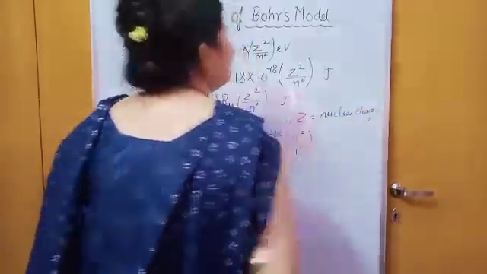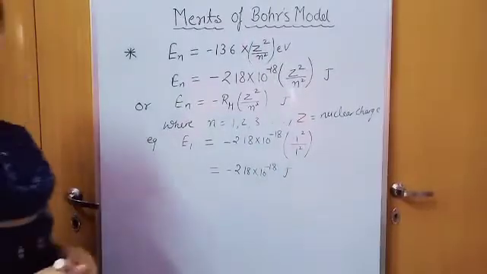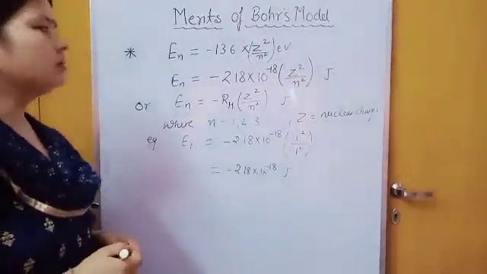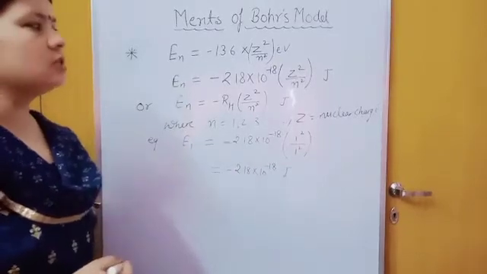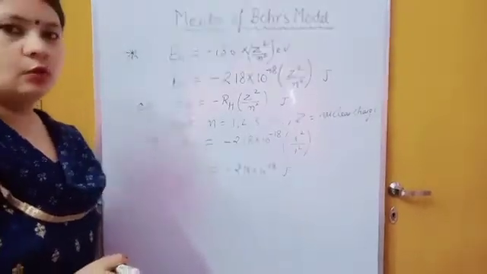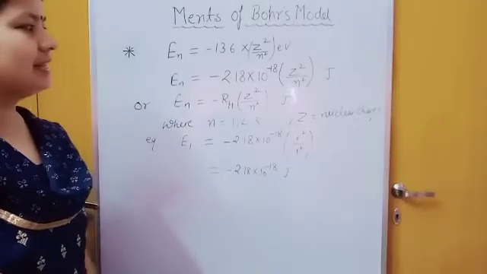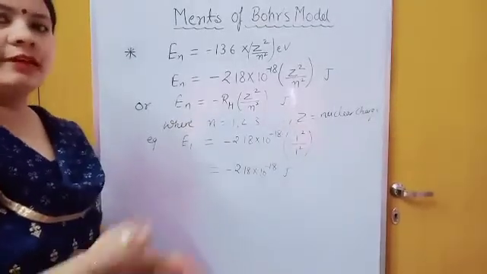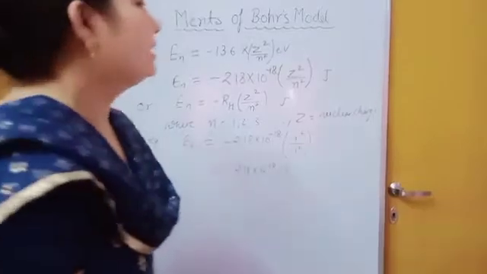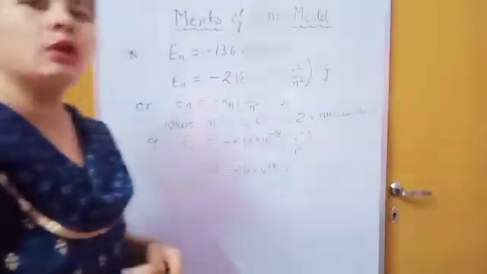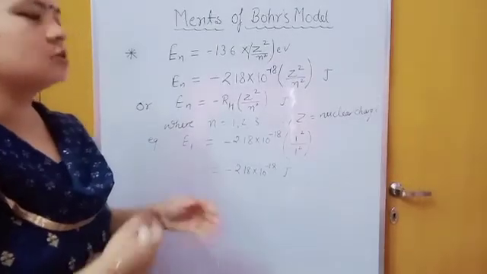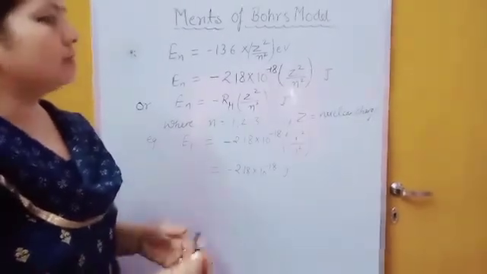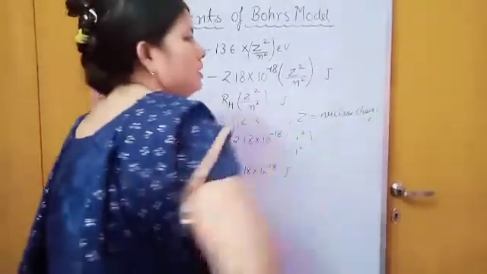In simple terms, nuclear charge means the number of protons. Whatever the number of protons present in an atom, that is Z. The nucleus consists of protons and neutrons, and neutrons have no charge, so whatever the charge is, it is because of protons.